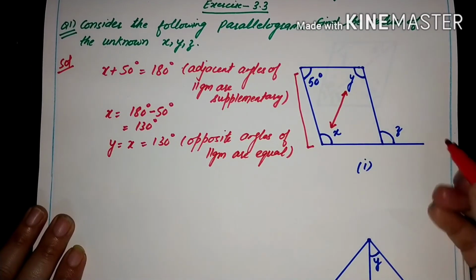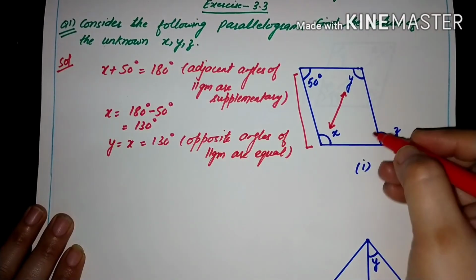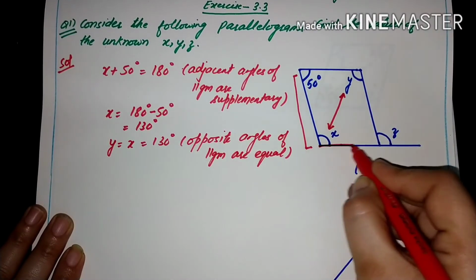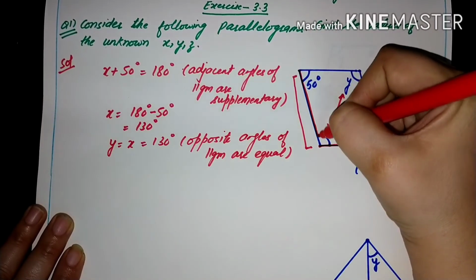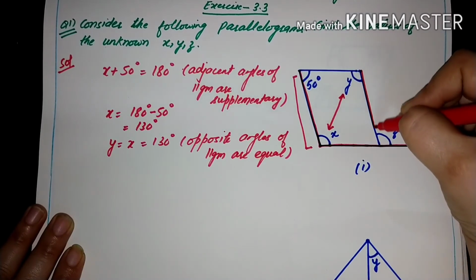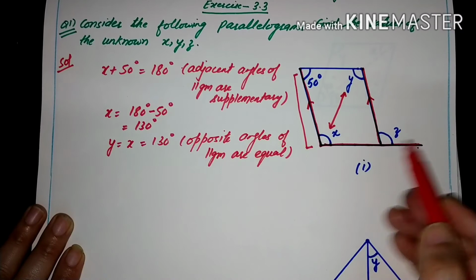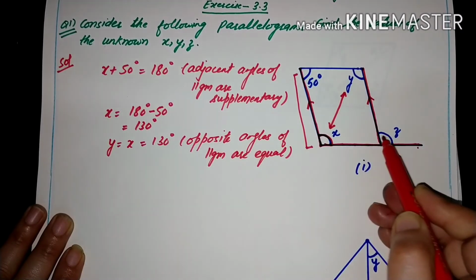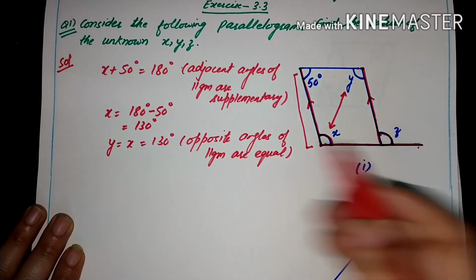Now if you observe carefully, x and z, this is a parallelogram, that means these two lines will be parallel and it will act as a transversal. You can see x and z are forming a pair of corresponding angles.